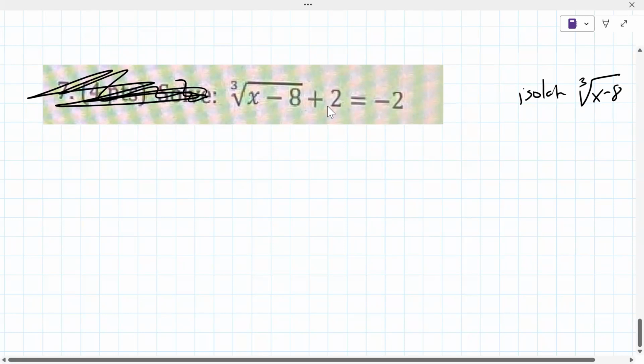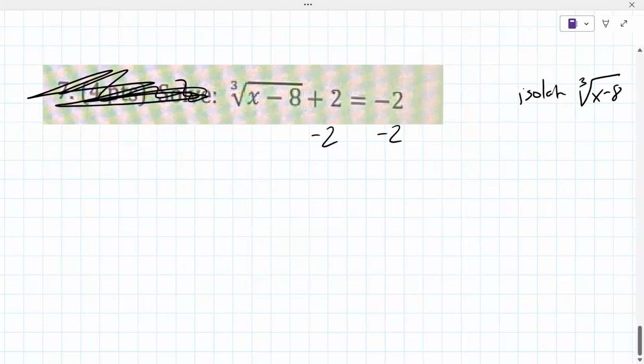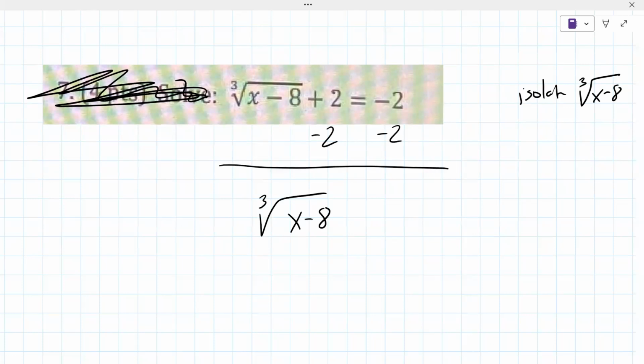You have to get rid of it. It's got to be the only thing on that side of the equation. So if you see something like that, you can't just cube both sides. You have to move it first. Any questions on that? No. Okay.